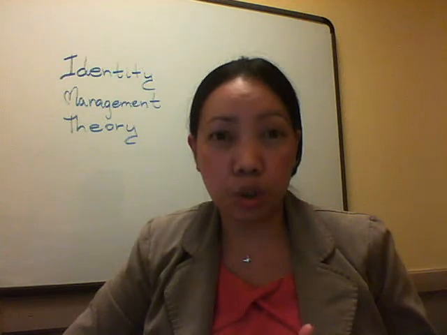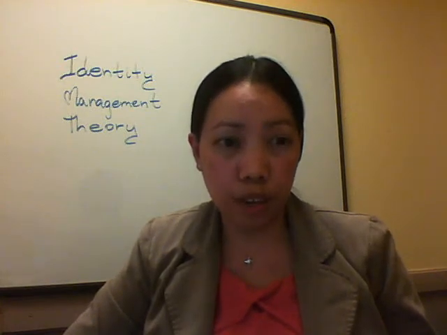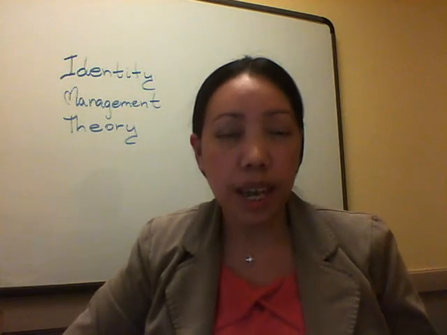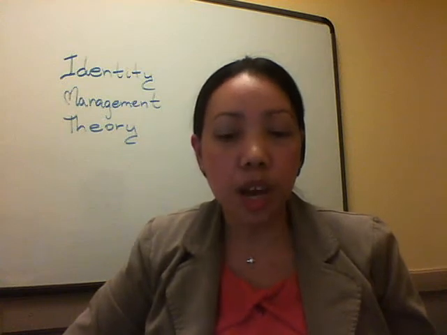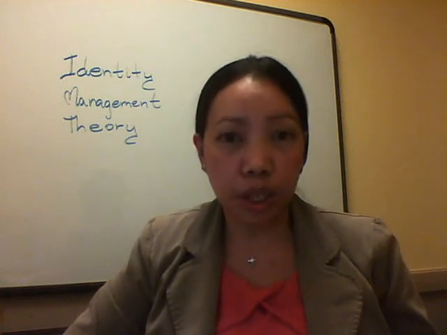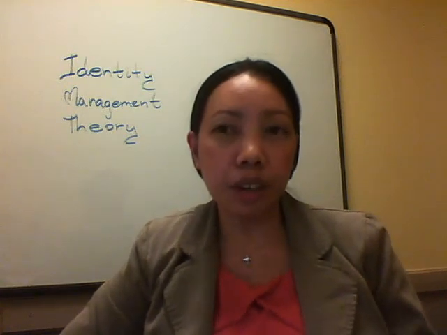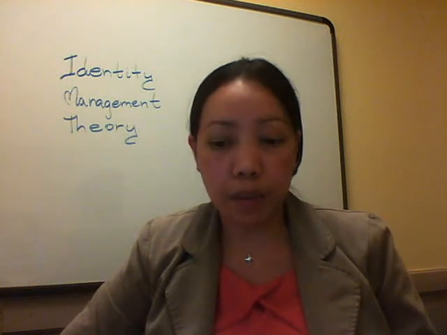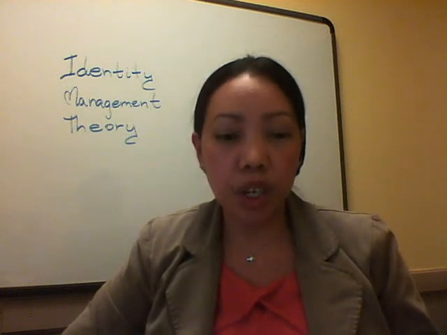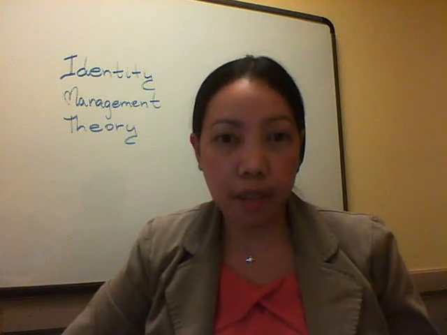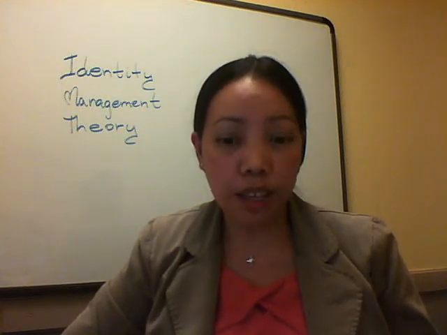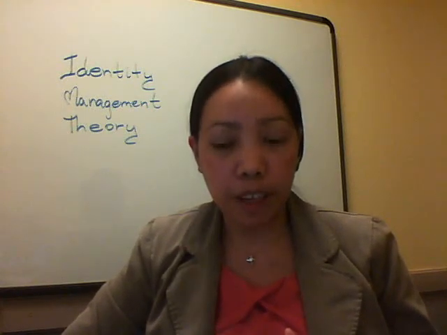IMT discusses the support and the threat to the face of the relational partners and suggests propositions related to issues on cultural identities. There are two aspects of IMT which explain the dynamics of identity, face, and relationship development.